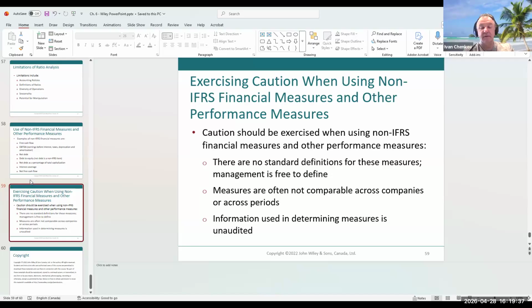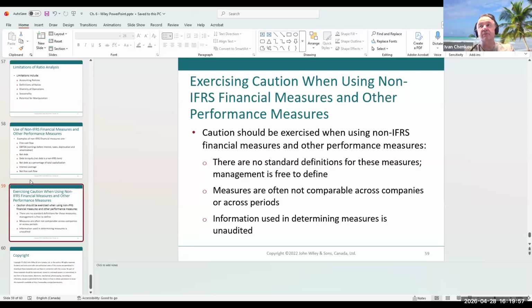And in order to do a proper comparison, you need more than 3 years. The other thing that you have to consider is that most likely, if you're comparing private companies, those statements are not going to be audited.